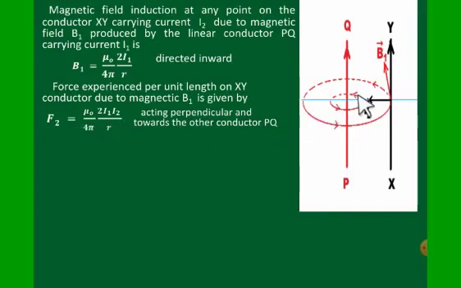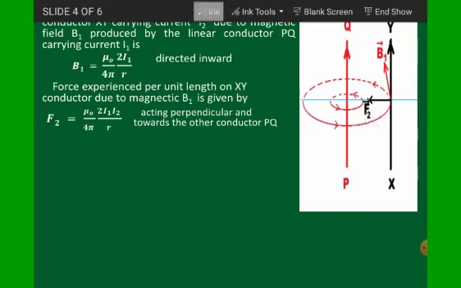Mu naught by 4 pi times twice I1 I2 by R, where R is nothing but the distance between the two parallel conductors. This distance is R. Got it? So by using this formula, the direction of the force F2 will be what? Acting perpendicular to this current carrying conductor XY, and it will be directed toward the other conductor PQ. Got it? Yes.